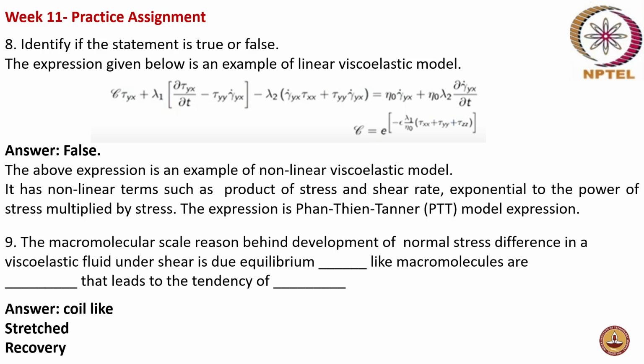So that is why there is a reason for normal stress differences. For example, when the viscoelastic fluid is between two platens and you start shearing the fluid, there is a stretching of the coil-like structure, and then there is a tendency to recover back due to the inherent nature of being in a high entropic state.